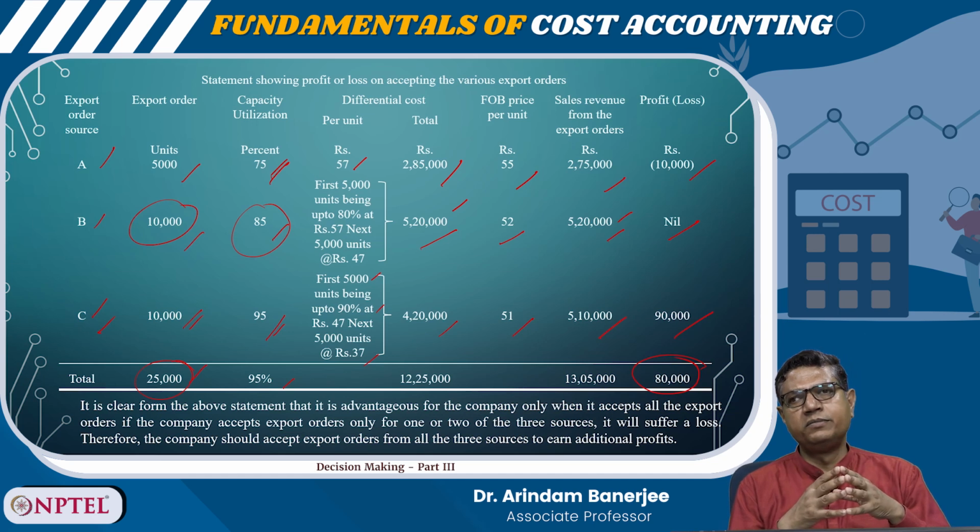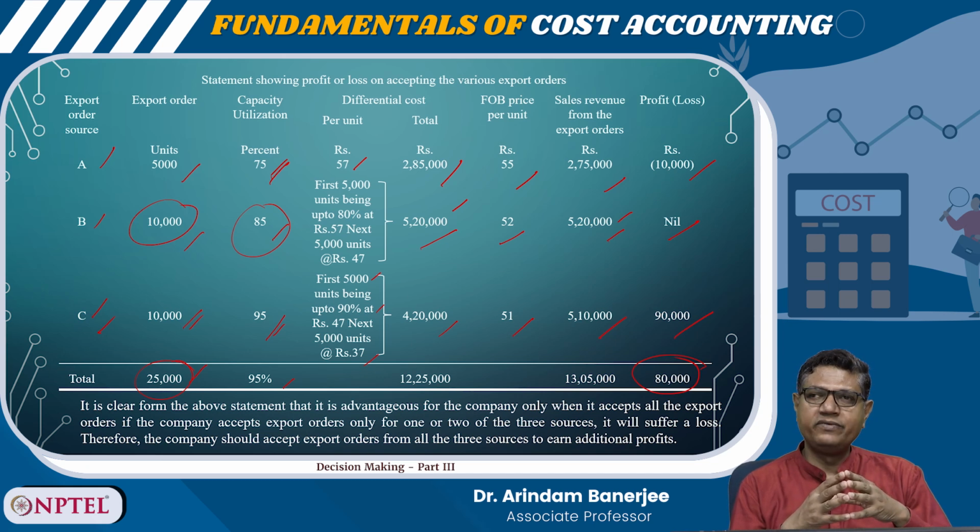If this is positive, then prima facie we can accept these orders. If we see that the incremental costs are more and the incremental revenue is less, then we may consider rejecting, but there are many subjective factors which also influence such decisions. For example, if the company wants to penetrate a new market, then at the initial stage it may agree to accept the offer.